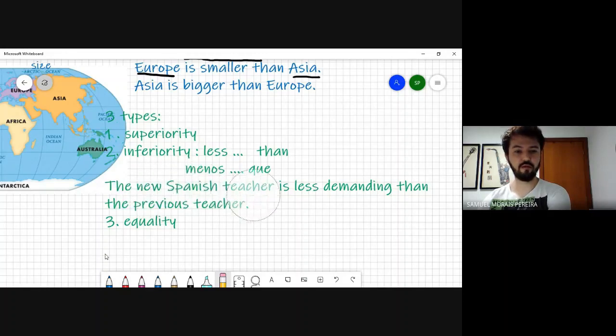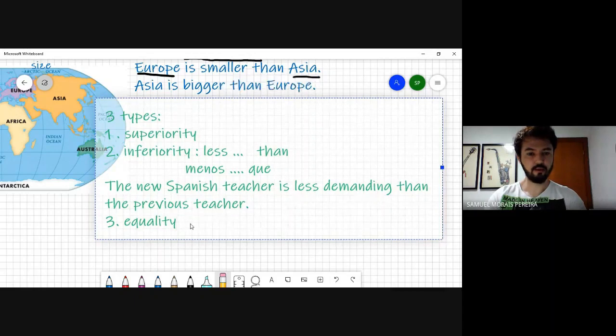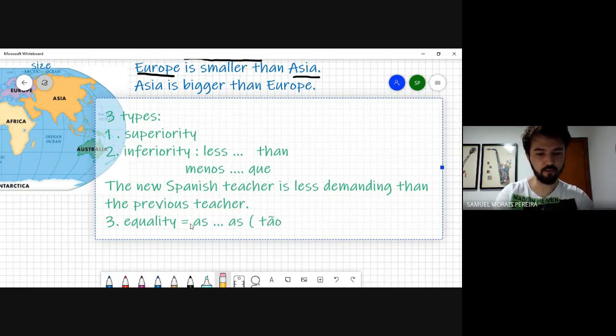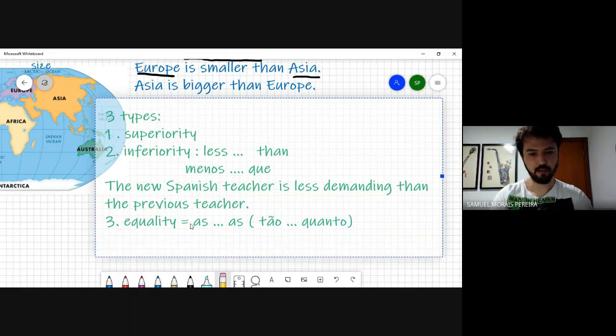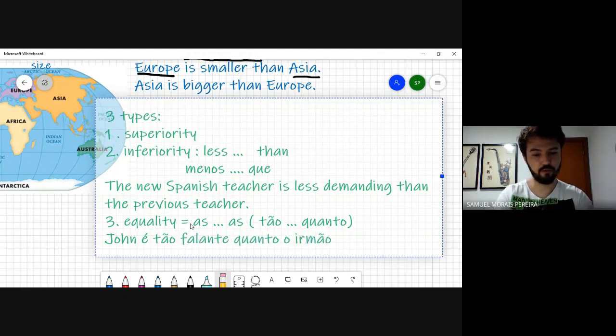The comparative of equality is made with the words as and then as again. It means tão, blá blá blá, quanto, alguma coisa, okay? So, for example, olha, John é tão falante quanto o irmão.